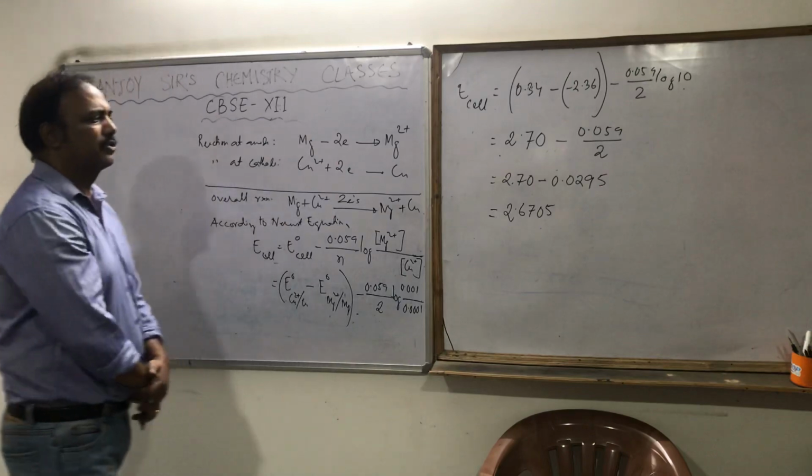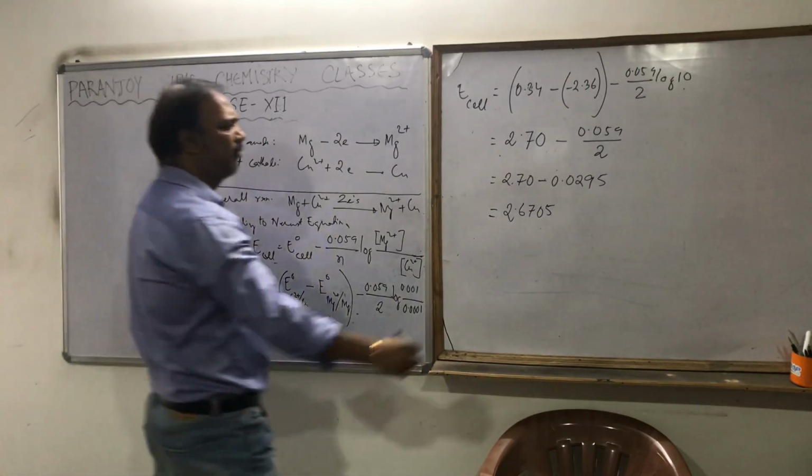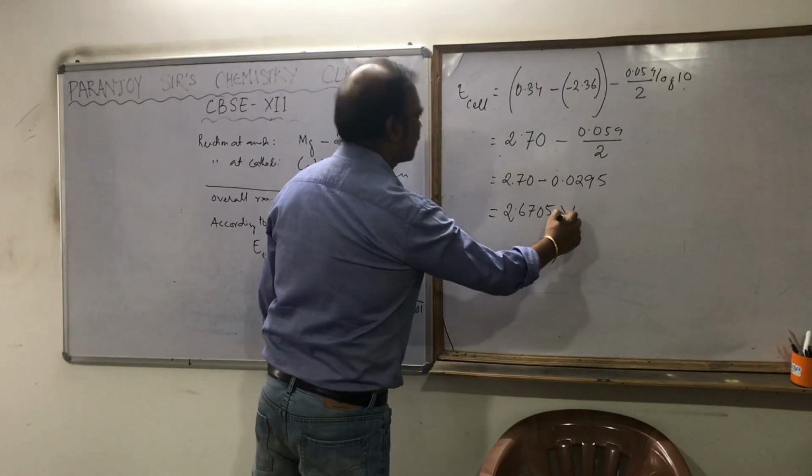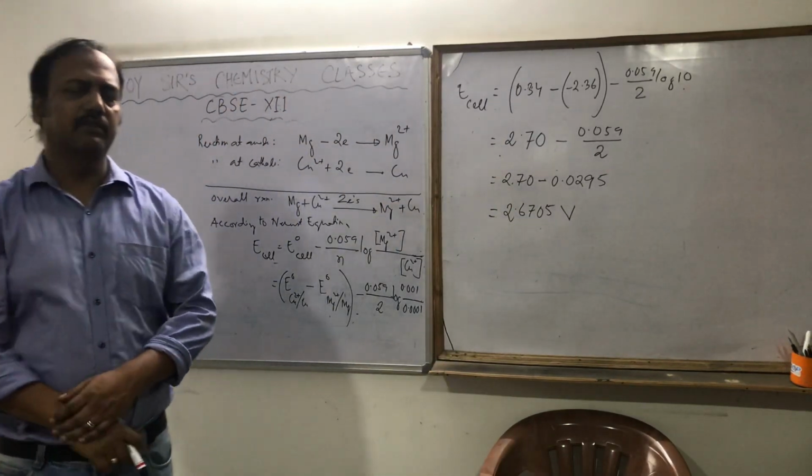Is it coming like this, 2.6705? Yes, 2.6705. That much volt is the E cell at the non-standard condition.